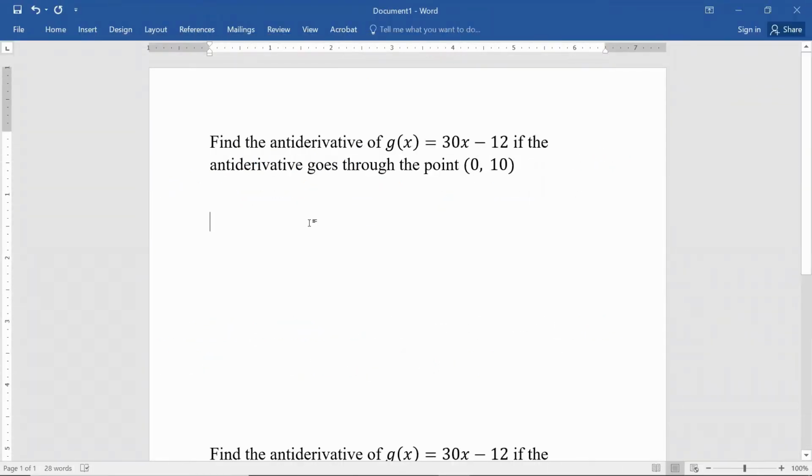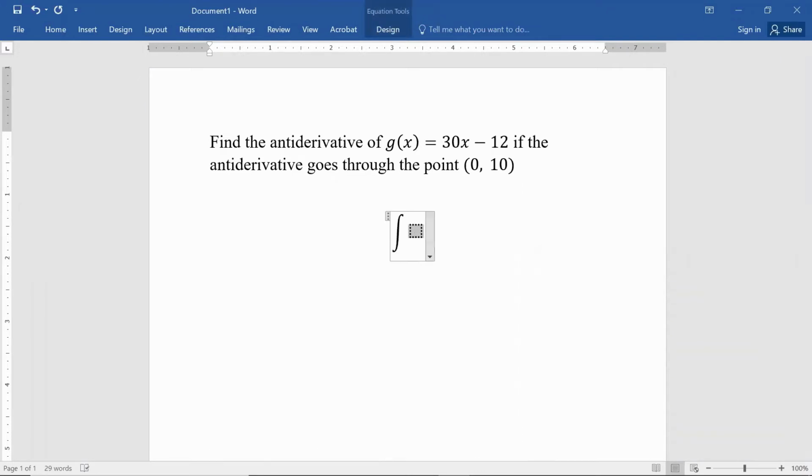As we did before, we start by taking the indefinite integral of the function expression that we're trying to find the antiderivative of. So that means we're going to integrate 30x minus 12 with respect to x.